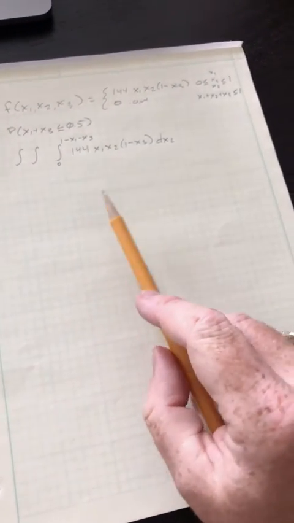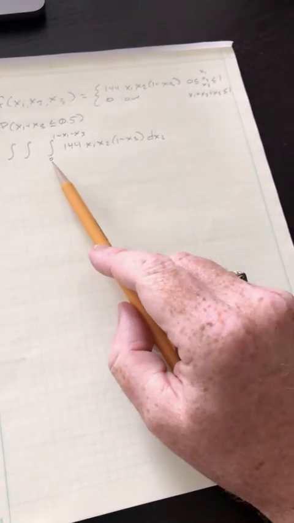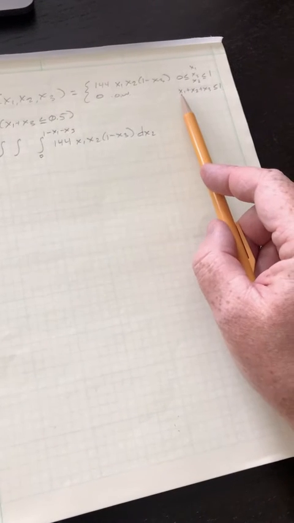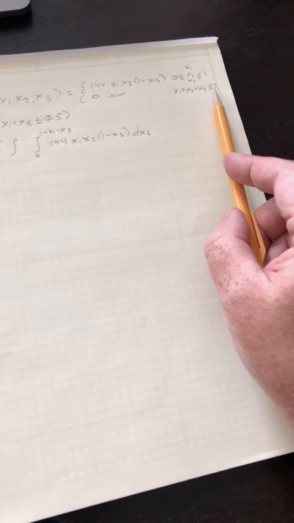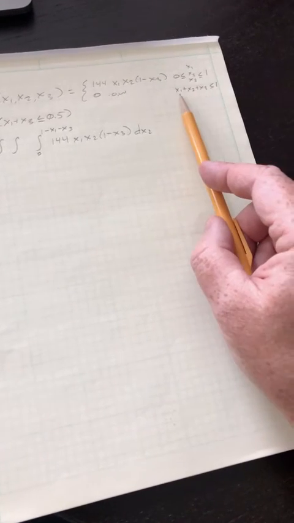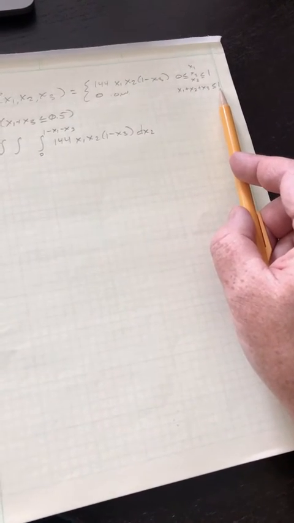What I'm basically saying is that the constraining limit of integration here is x1 plus x2 plus x3, so x2 has to be 1 minus x1 minus x3, right?